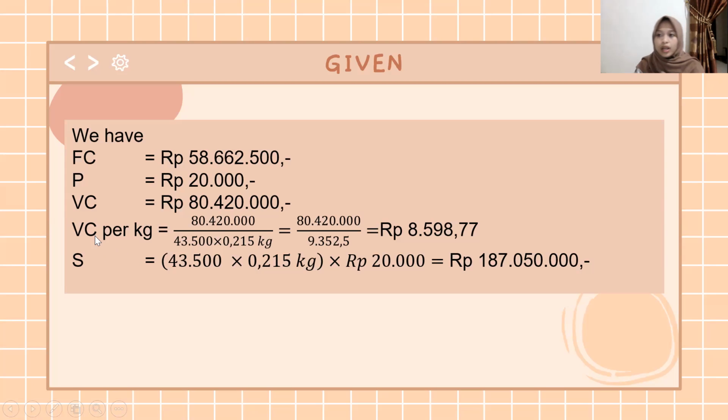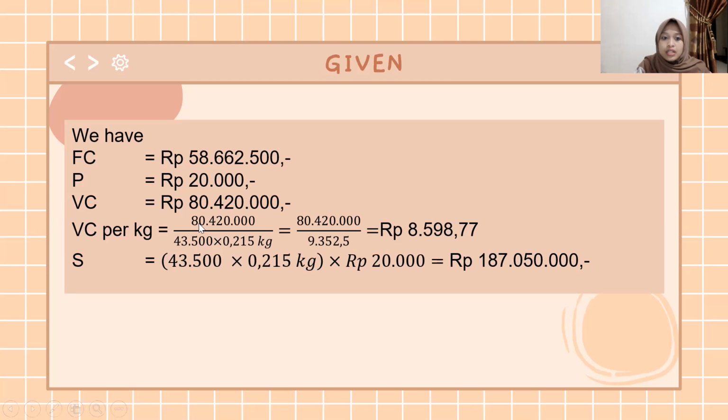And then we have to obtain the VC per kilogram. The VC per kilogram is the total VC over the total tails of fish times the average weight per tail.